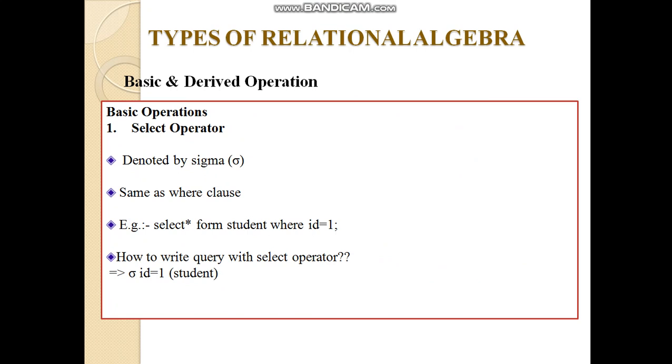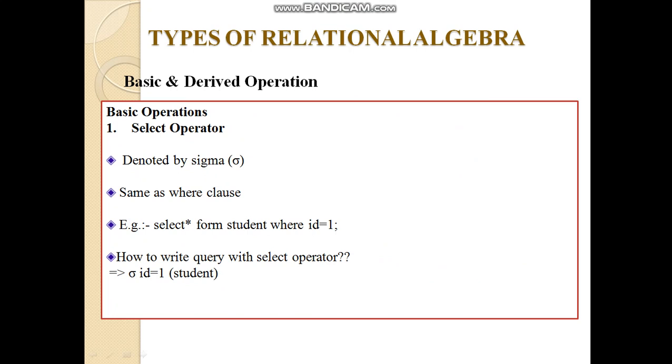In basic operations, the very first operator is the select operator. The select operator is denoted by the sigma symbol, and it is the same as a where clause. For example, select star from student where id is equal to 1. How do we write this query with the help of the select operator?